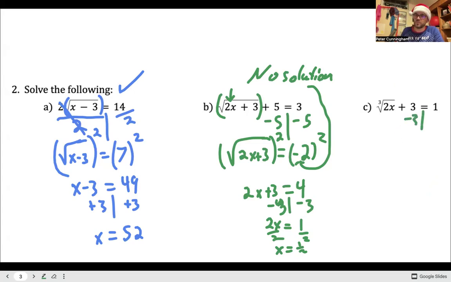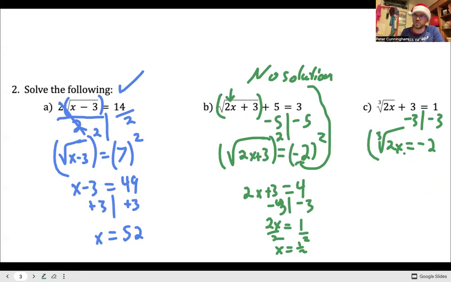All right. Take 3 away from both sides here. Now we have cube root of 2x equals negative 2. And you're like, oh, no solution. Cubes can be negatives because negative times negative is a positive, but negative times negative, positive, times a negative is negative. So you can have negative cube roots.